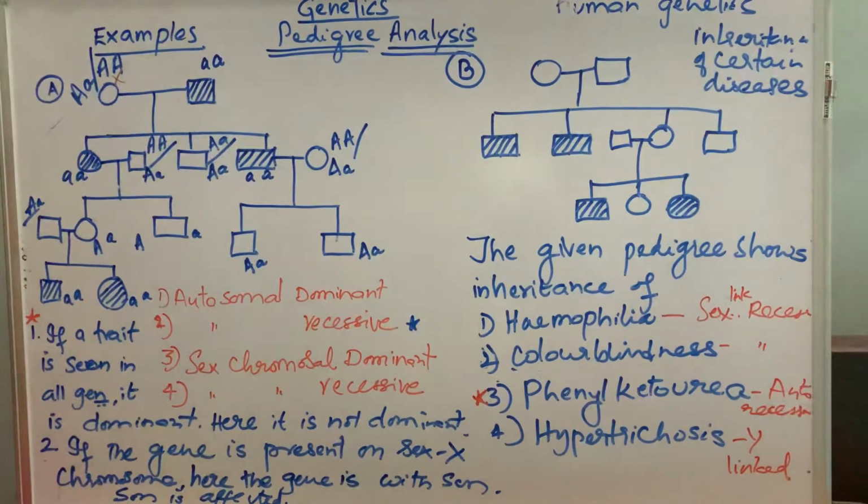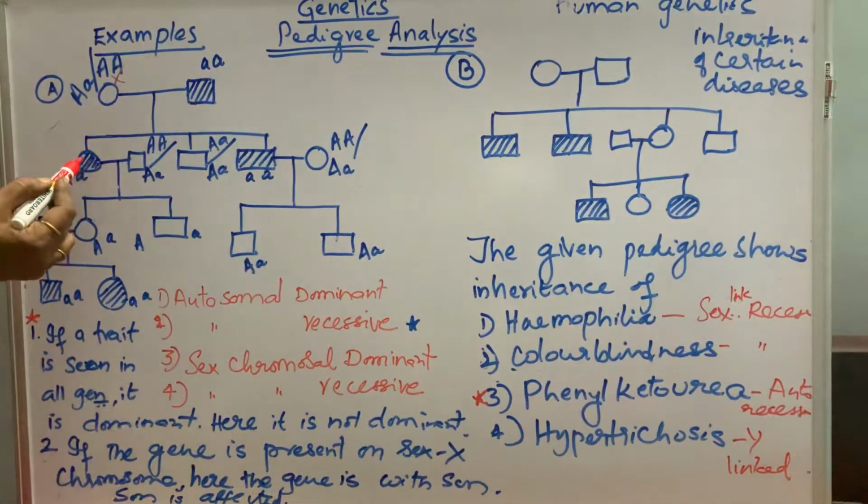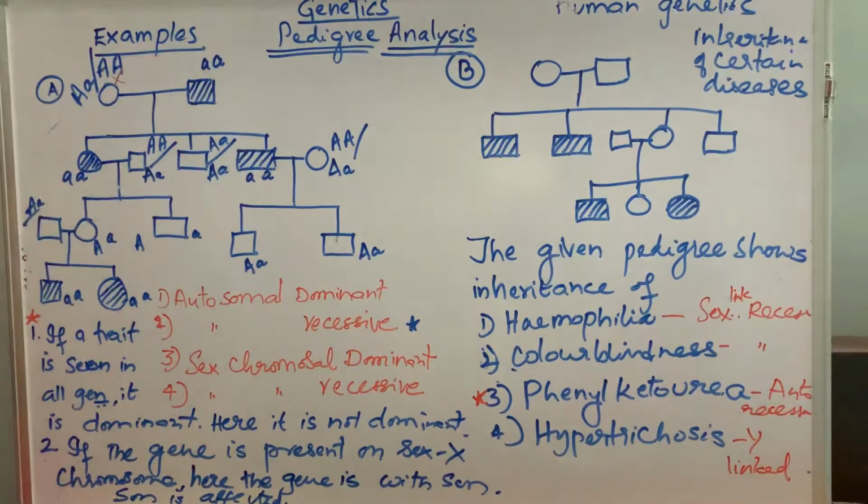In example 1, here the father is affected. And coming to the first generation, the daughter is affected and the son is affected.